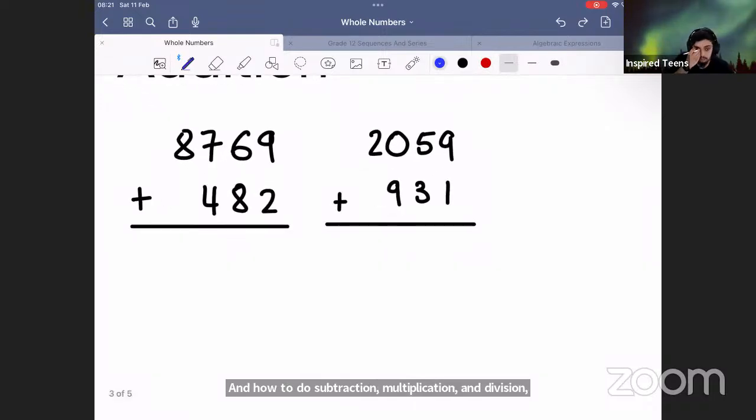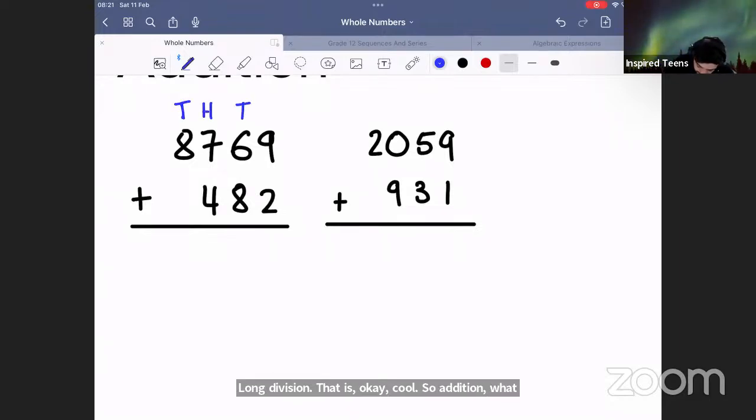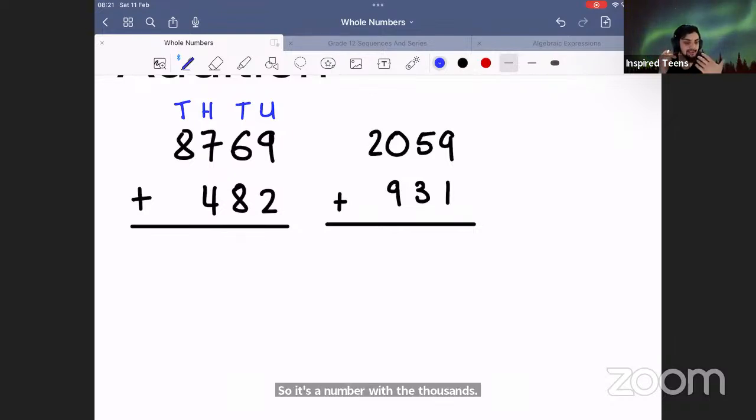So addition, what you want to do is, these are my thousands, these are my hundreds, these are my tens, these are my units. In this case, I have 8,769, so it's a number with thousands, and I have 482, so the number with the highest is 100.